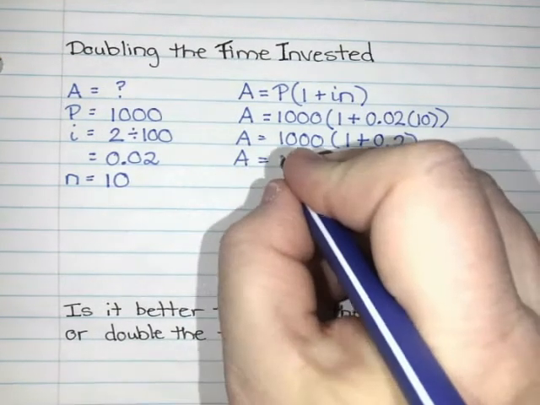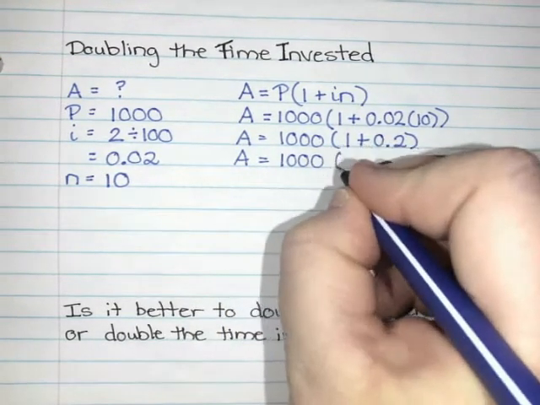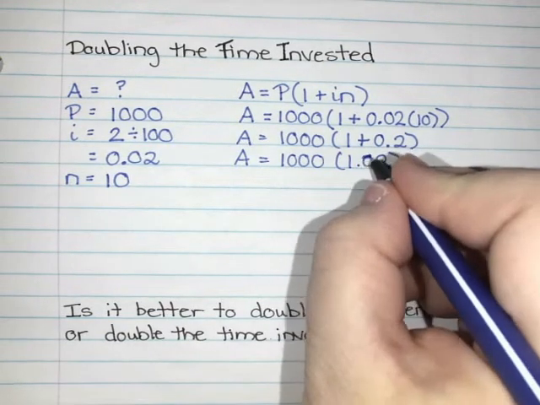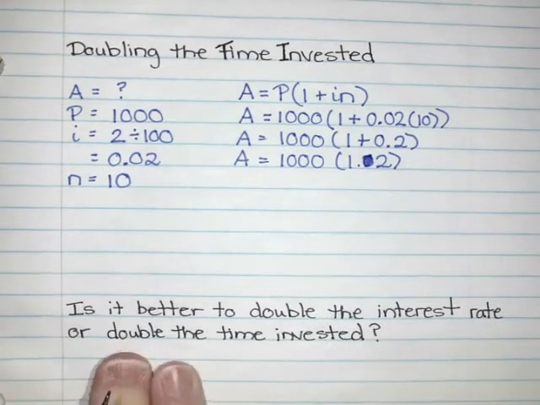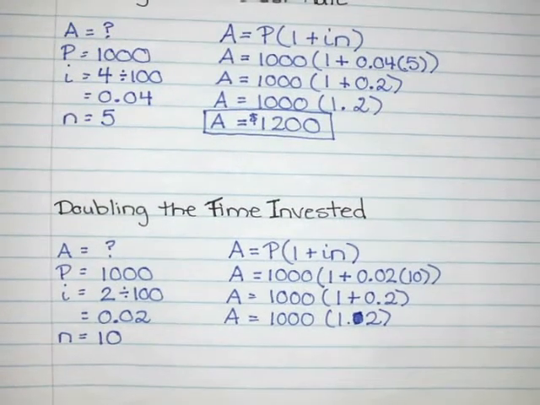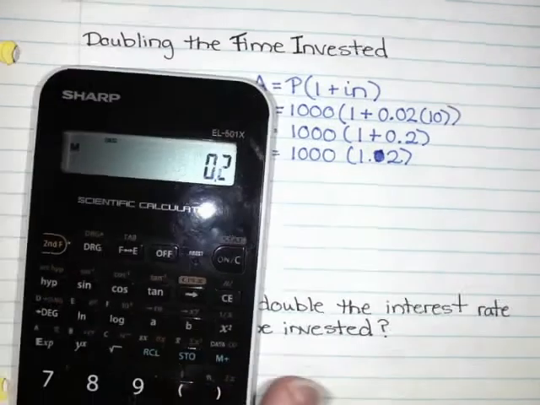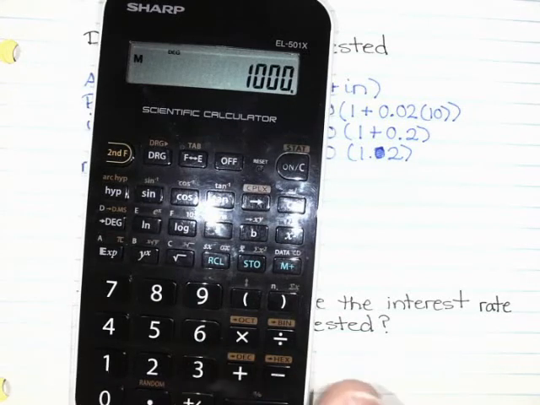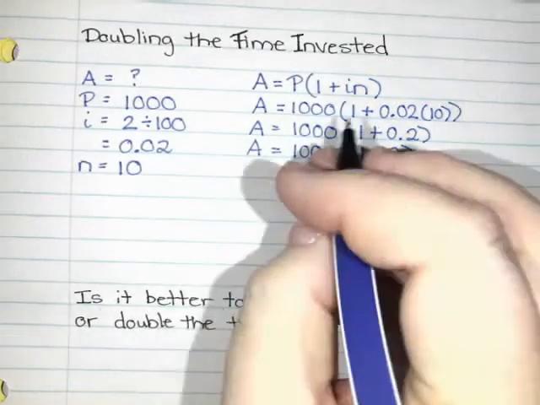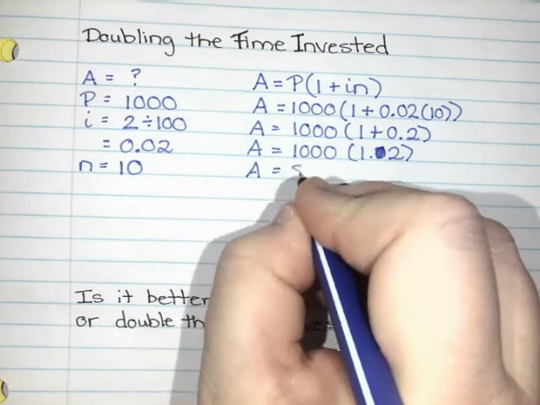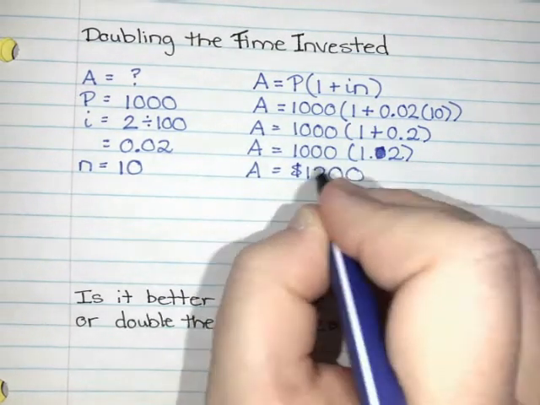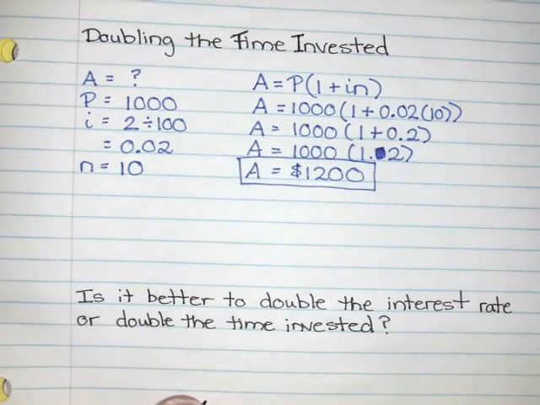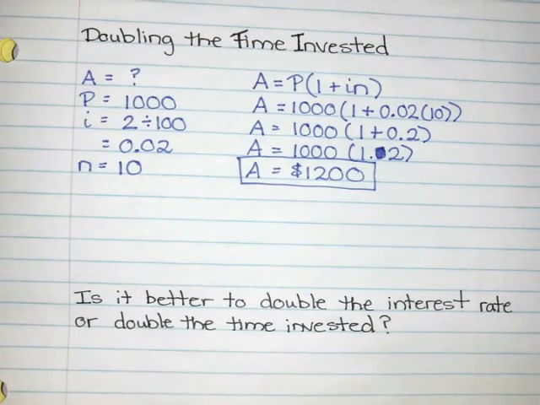So I have 1,000 times 1.2. I was going to say I'm having a little bit of deja vu because those are the same numbers that we used up above. So 1,000 times 1.2 is $1,200. So if we double the time invested, we would end up with $1,200.